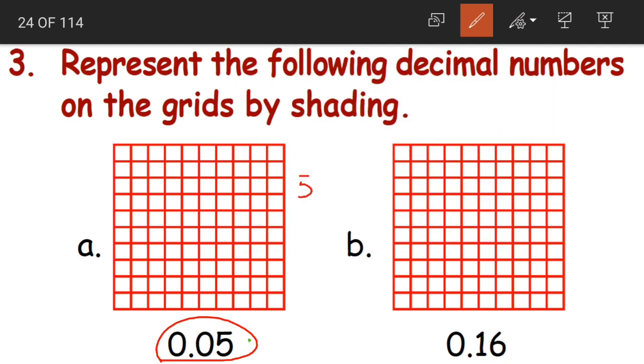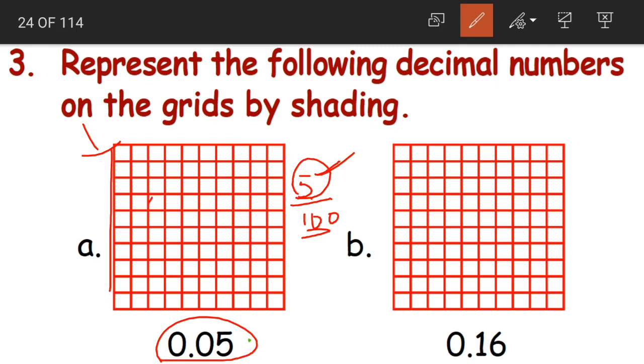Now if I want to represent or shade the given figure to represent the fraction 5 by 100, what should I do? The denominator 100 means the total number of squares, so I am not concerned about that. What do we need here? We need to look at the numerator. Numerator tells us how many squares are to be shaded.